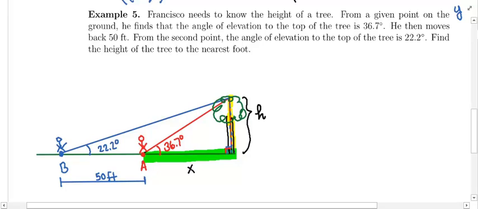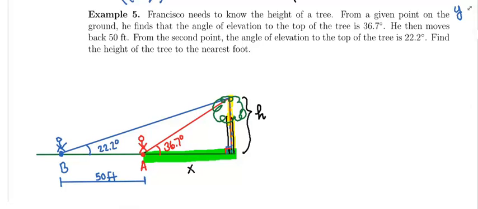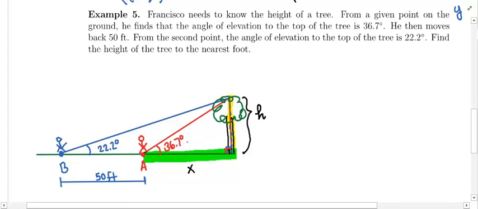I'm going to call that distance X. Again, that's the distance from point A to the base of the tree. We need that value because if you look at the red right triangle, you'll have the angle and then this distance X, and that will allow you to calculate the height. So let's see if we can figure out this X value.